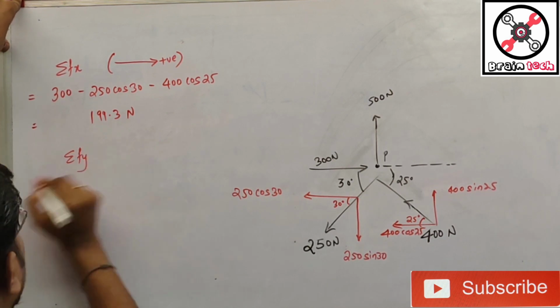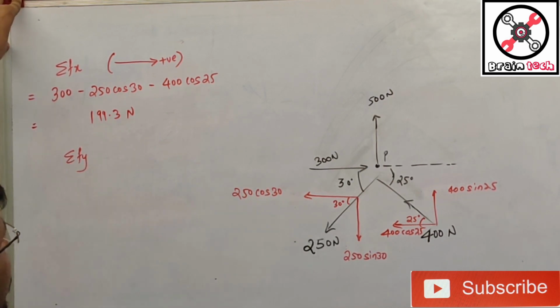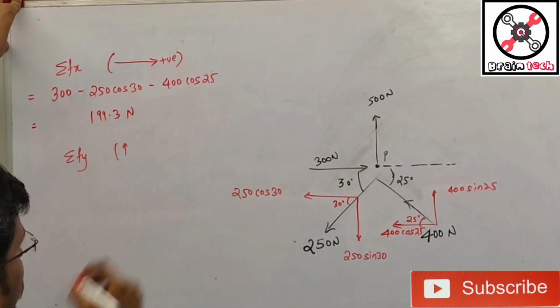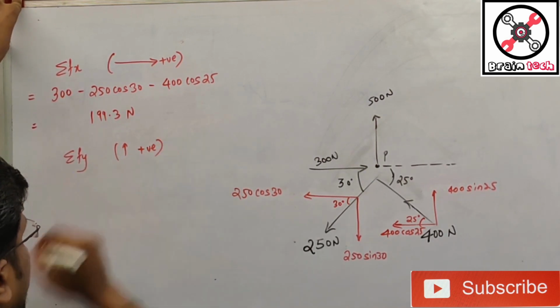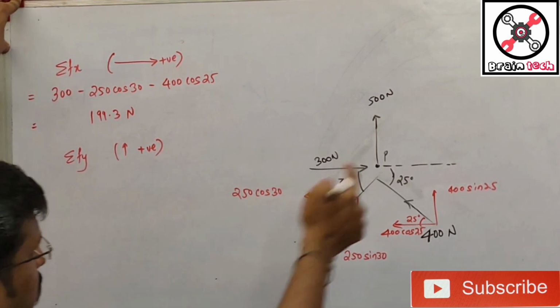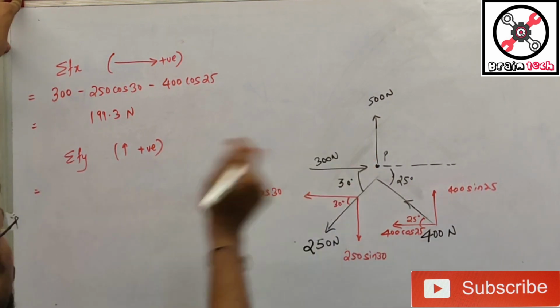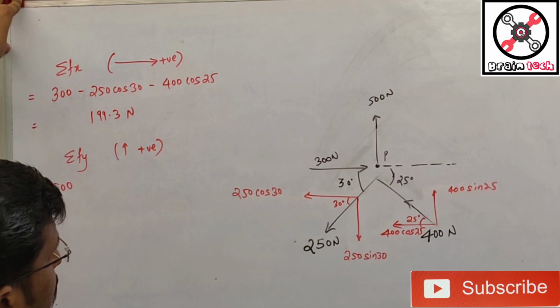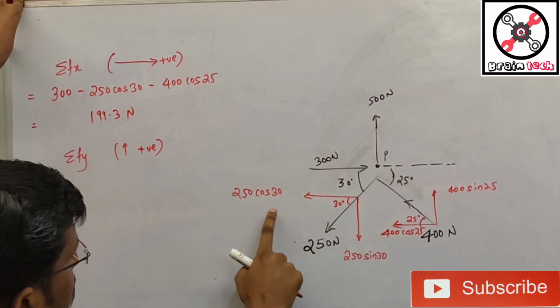Then summation f of y, sum of all force in y direction. So here the sign convention says that whatever goes upward will be taken as positive and whatever goes down is negative. So let us start. This is a vertical force moving upward, so it will be taken as positive, 500. This won't come.